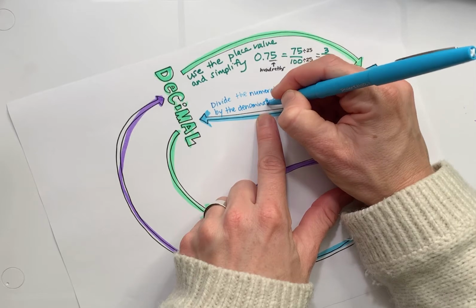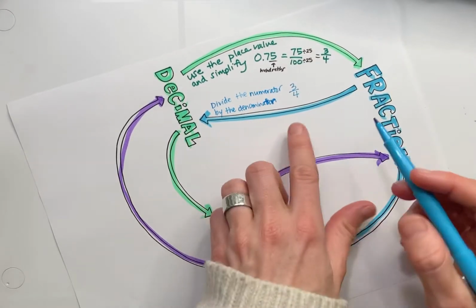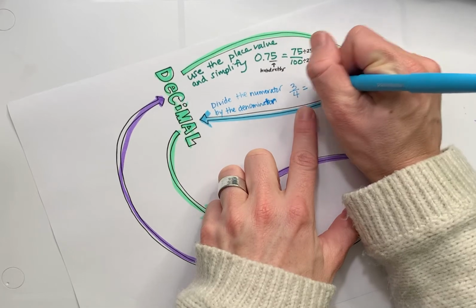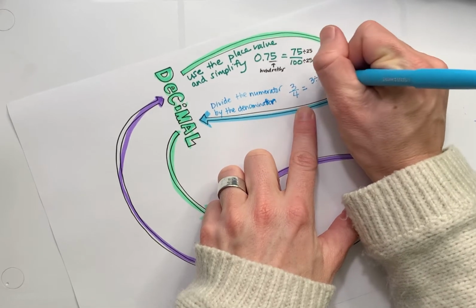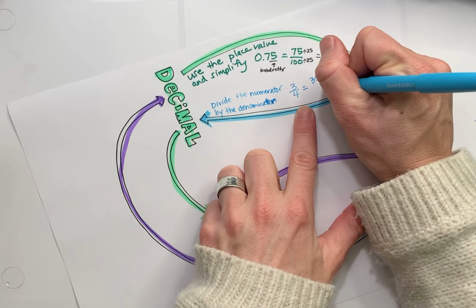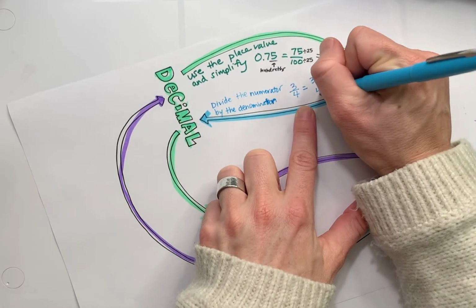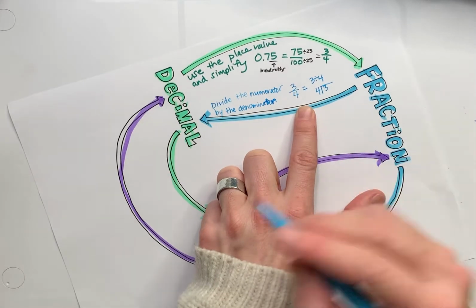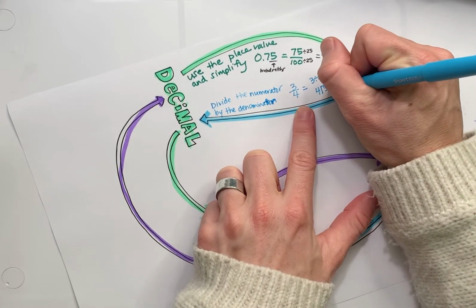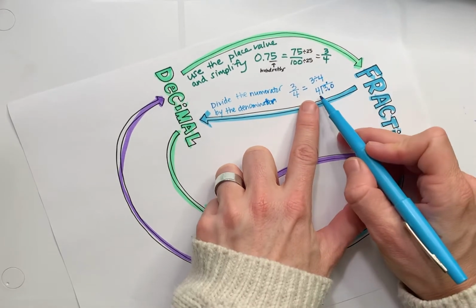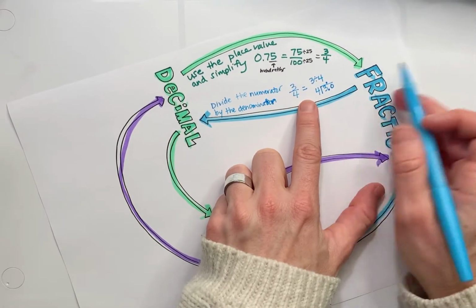So 3 divided by 4 would be like this, and I would put 3 in my division bar divided by 4, and then I would divide it using long division. Okay, so I'm going to put my decimal there, maybe a 0, because I know that I'm going to be going into the decimal places, obviously.